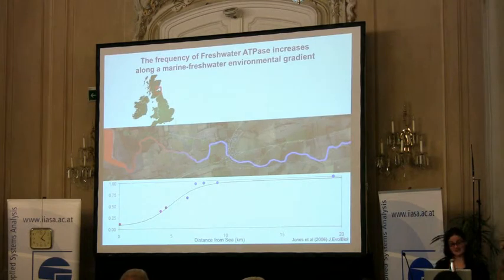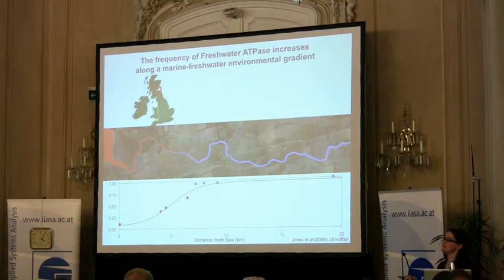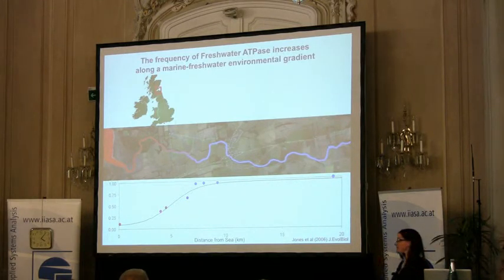To step back again and think about reproductive isolation: during my PhD, before the genome was sequenced, before we had any of this kind of data, I hand-identified a number of polymorphic and diagnostic markers and was able to study the change in allele frequency across the hybrid zones. This particular marker was one of the best ones that I found. It was located in an ATPase gene, which is responsible for salt regulation in multiple different fish species.